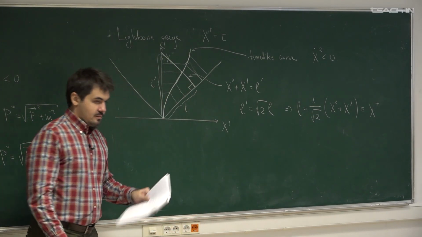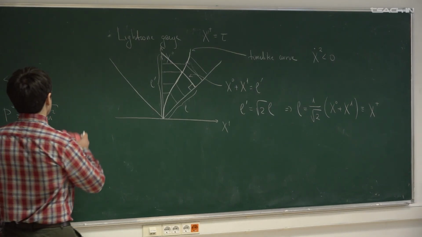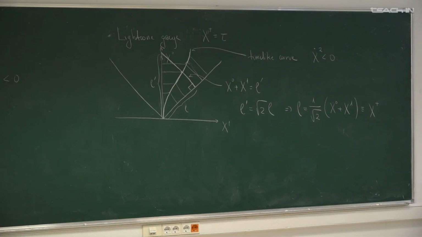But at this point, it might seem like it's just a more complicated way of parameterizing the curve. However, the profit is in some technical simplification of the Hamiltonian. And let's see how it happens.